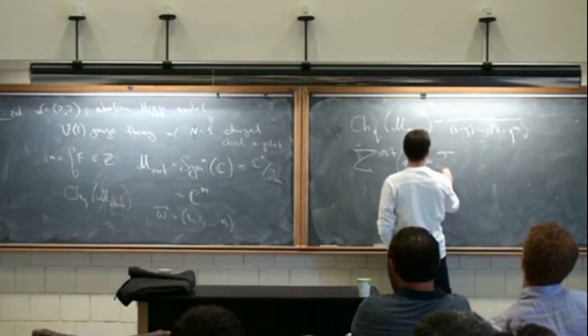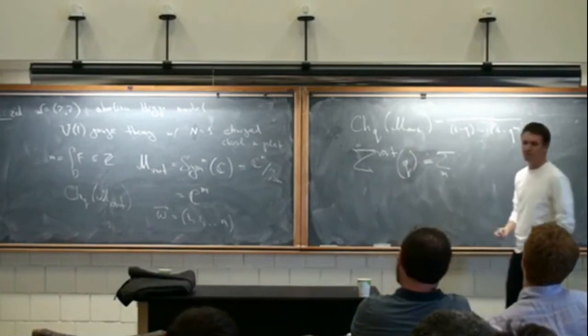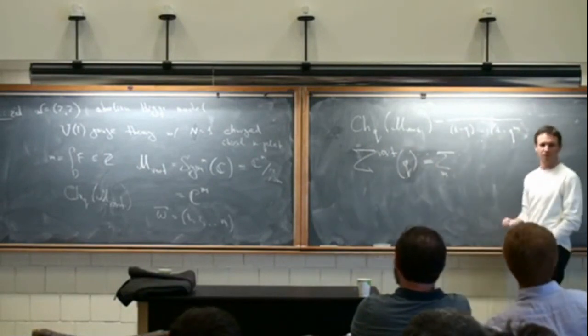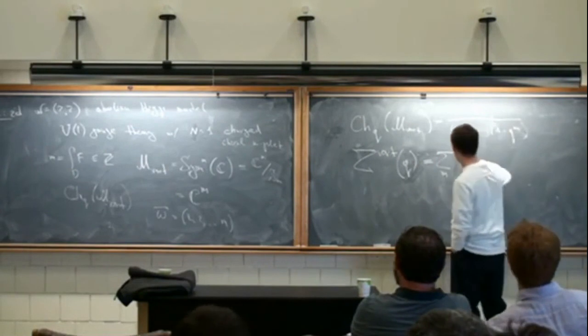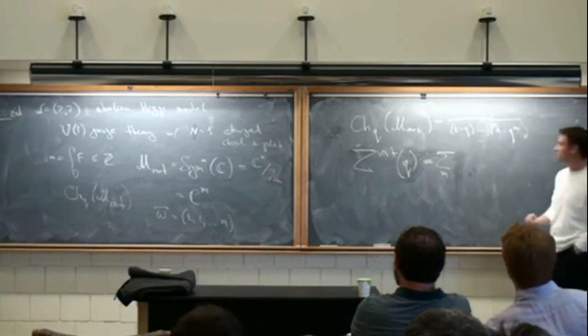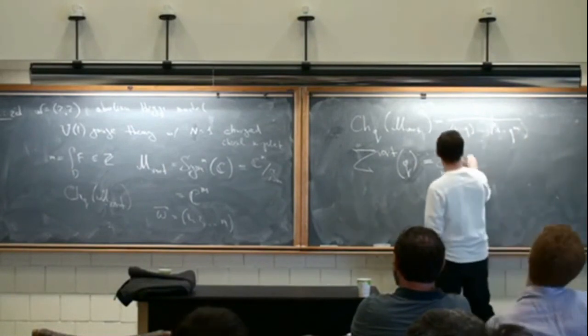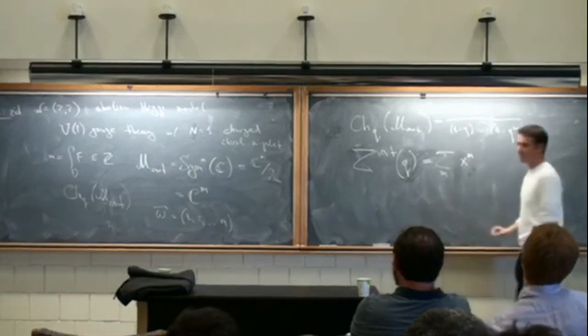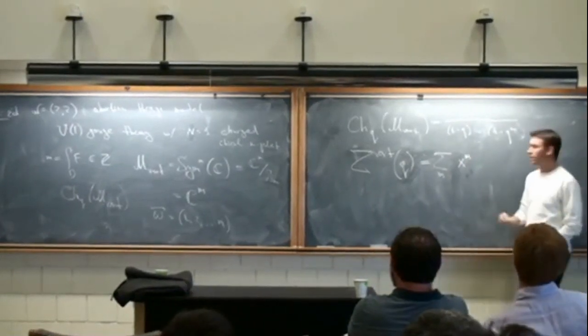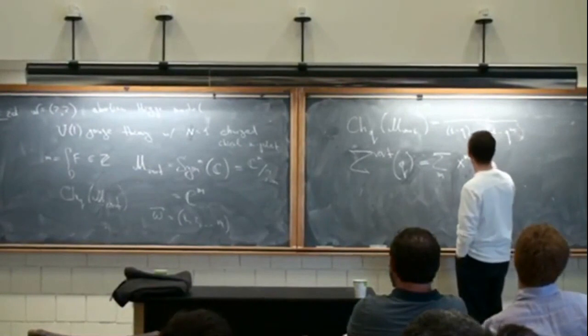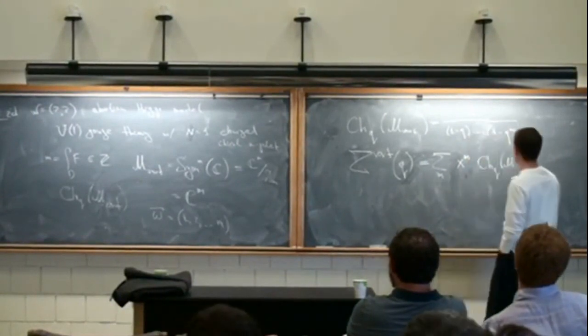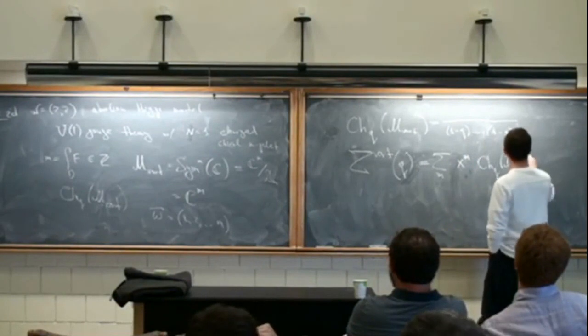And it's simply a sum over the vortex number m, also known in the literature as monopole number, in particular in the work of Untitled and Rocca. It's a sum over x to the m, which keeps track of the total vortex charge, times the character of the moduli space of vortices of charge m.